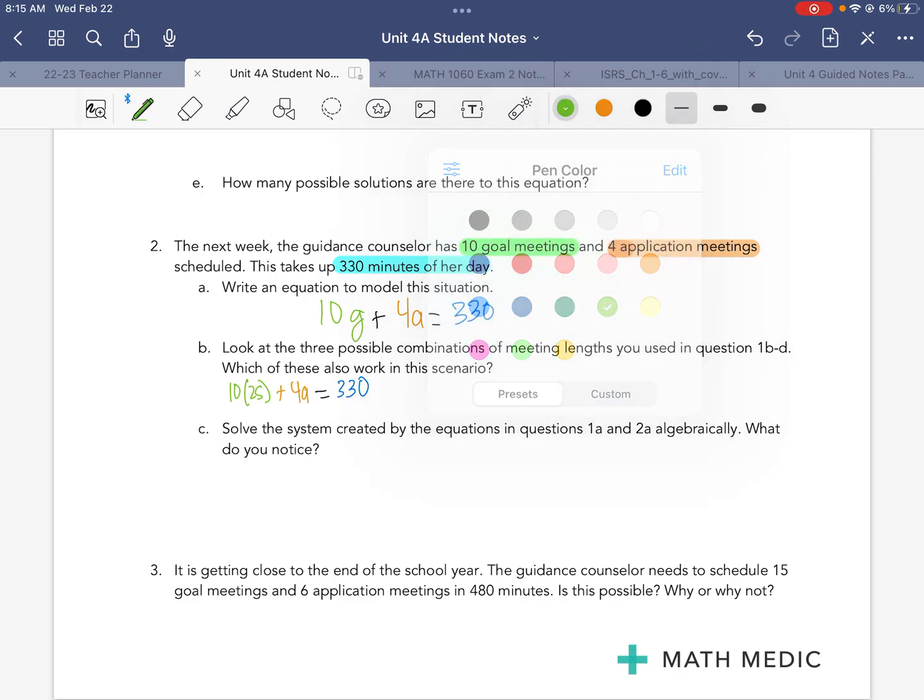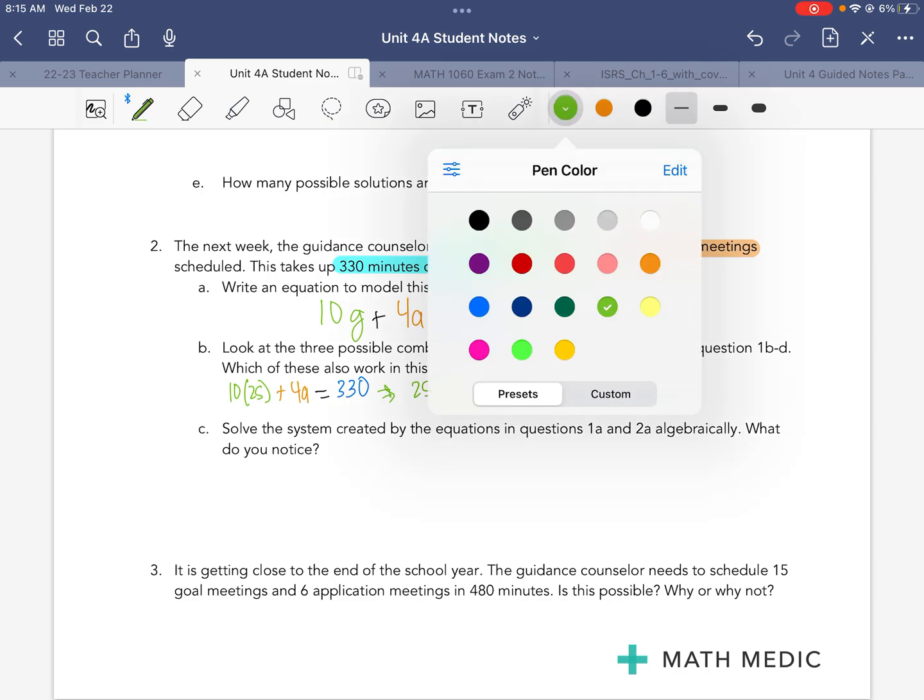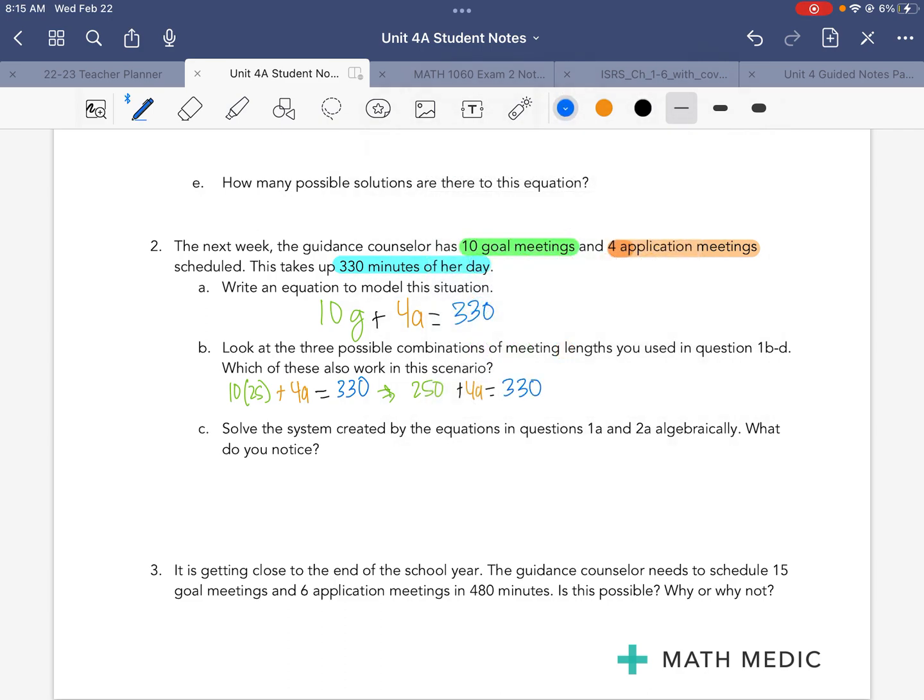So 10 times 25 is 250, plus 4A is equal to 330. And then if we minus the 250, we get that 4A equals 330 minus 250 leaves us with 80. We divide by 4, and we got that the A needed to be 20.